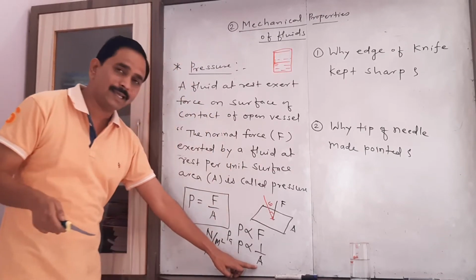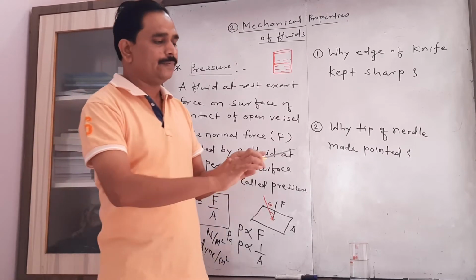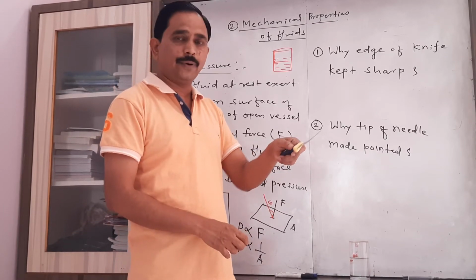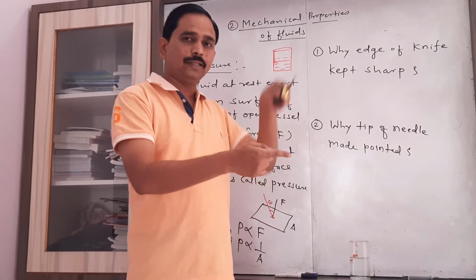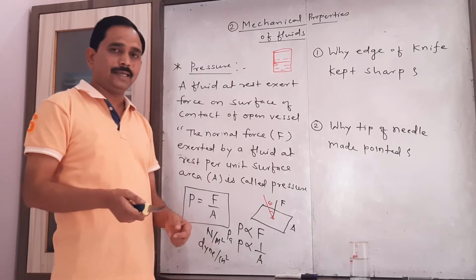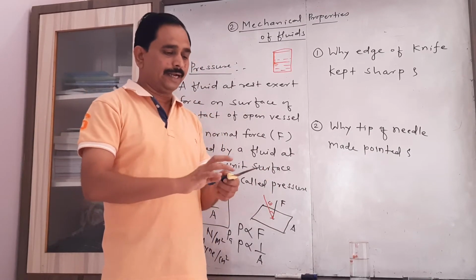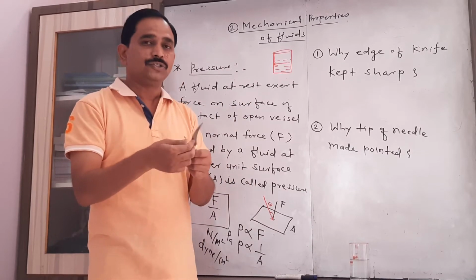It means the greater the area, the less the pressure. On the other hand, if the edge is sharp and pointed, whatever force we apply with our hand to cut the fruit is applied on a lesser area, so that the fruit can be easily cut. That's why the edge of the knife is always sharp.